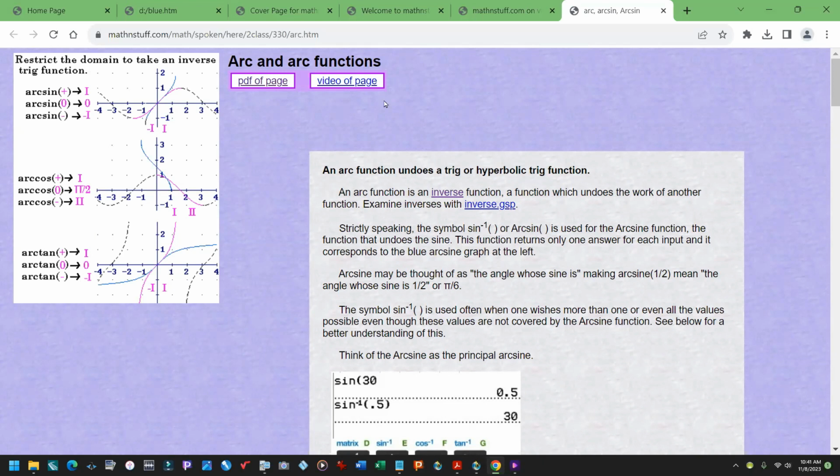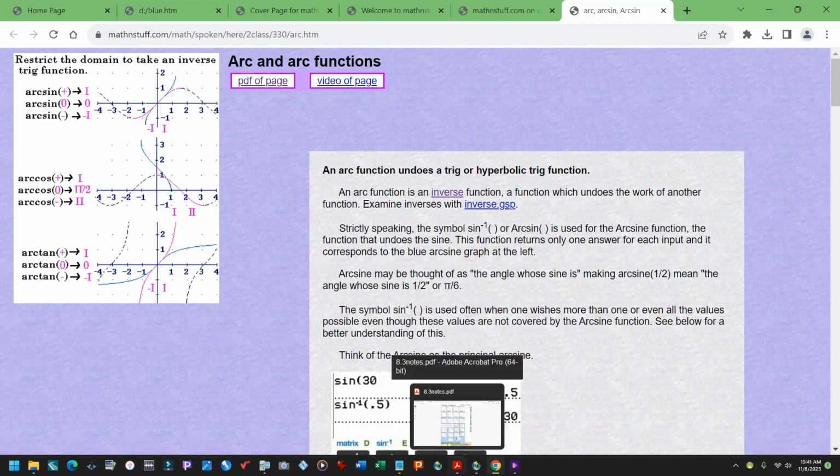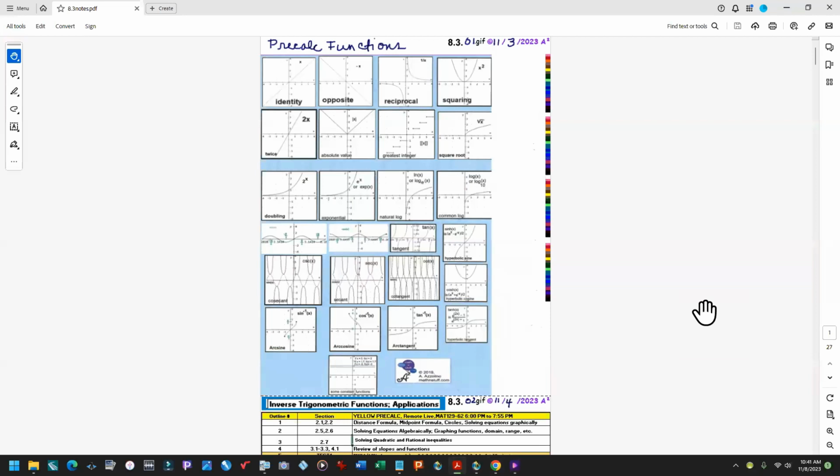As usual, before I even go through a lesson, what I do is review material that you need. In the beginning of the semester, we looked at the functions that you would be learning about in Precalc.